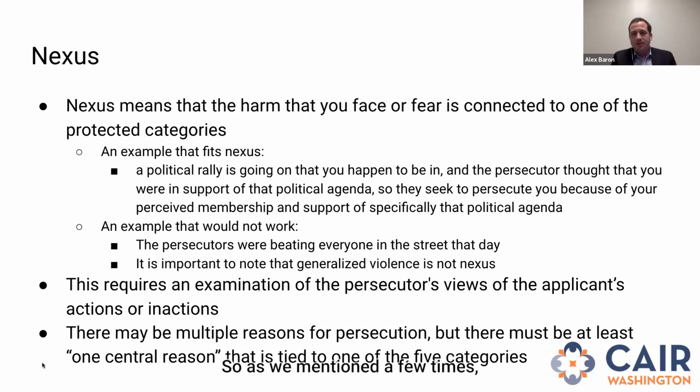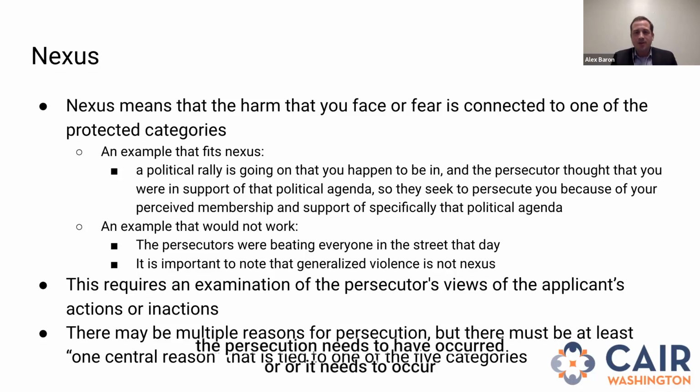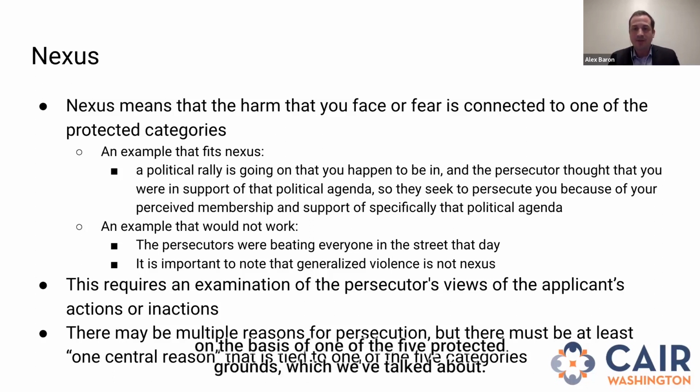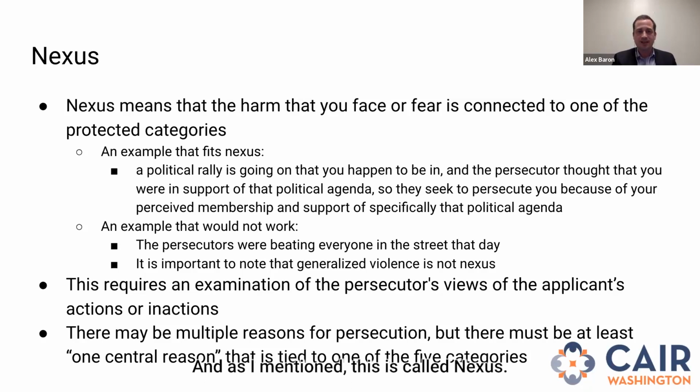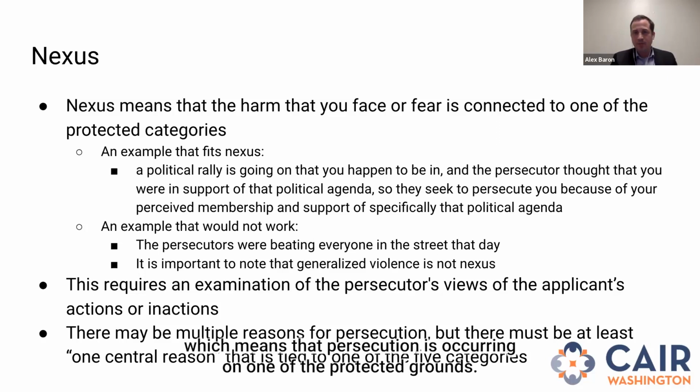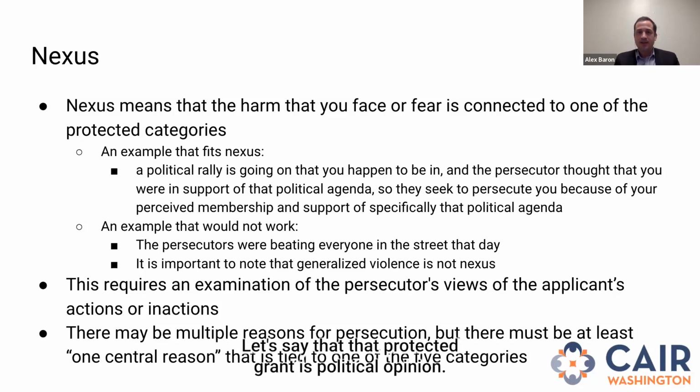So as we've mentioned a few times, the persecution needs to have occurred or it needs to occur on the basis of one of the 5 protected grounds, which we've talked about. And as we've mentioned, this is called nexus. An example that fits nexus, which means that persecution is occurring on one of the protected grounds: let's say that protected ground is political opinion.